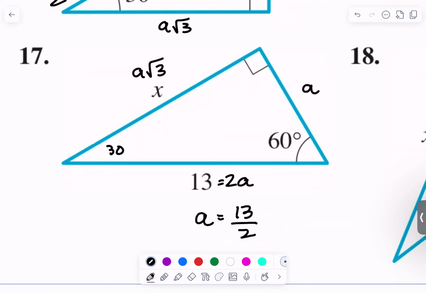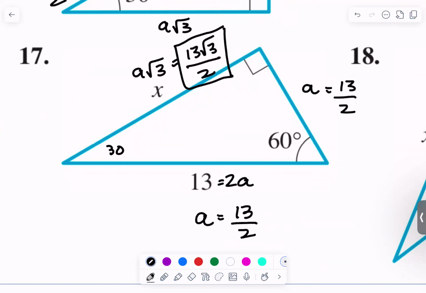So if that's 13 over 2, then this is 13 over 2, and this would be 13 square root of 3 over 2. We can just leave it like that. If you need the decimal value, you can plug it into your calculator. Sounds good. Just using our special right triangles and their ratios. No trig is needed.